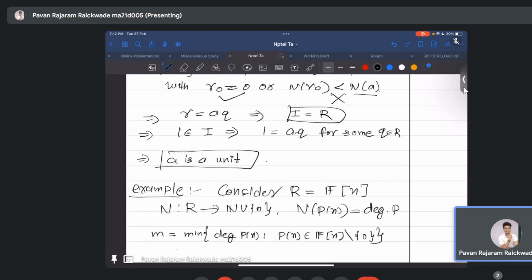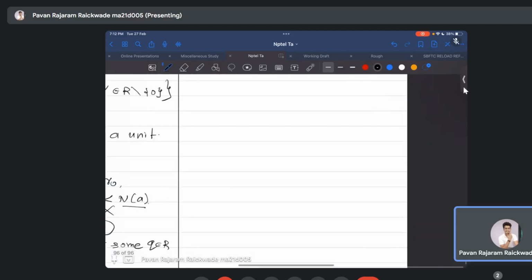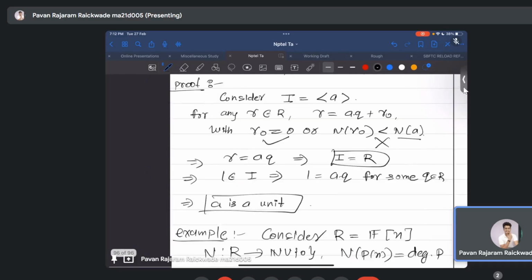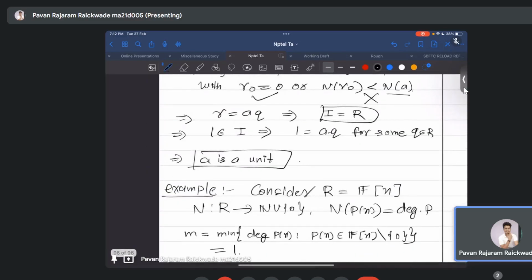This is 0, because constant polynomials have degree 0, and there are no degrees below that. So consider any constant polynomial. Constant polynomials are basically elements of F, and those are precisely the units in F[x]. So you can infer that every constant polynomial in F[x] is a unit by the above proposition.